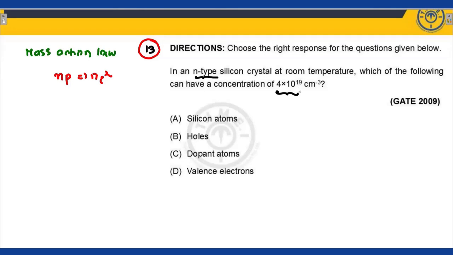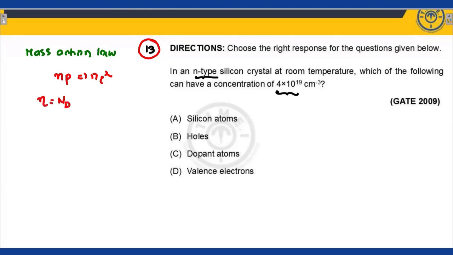Okay. But we know that already the standard values have been told to you in your general class notes. The intrinsic concentration values and all those things. Already I told you, my dear students, in your general notes. So here in an n-type semiconductor, NP equal to Ni square, but leave this apart, my dear friends. And I told you in an N-type semiconductor, N is equal to Nd.